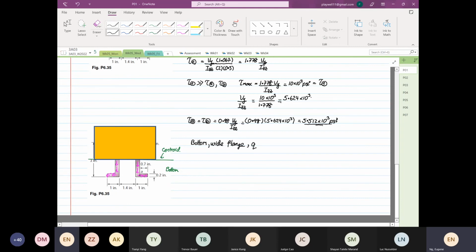On the left, you have a Q on this side. On the right, you have a Q on this side.